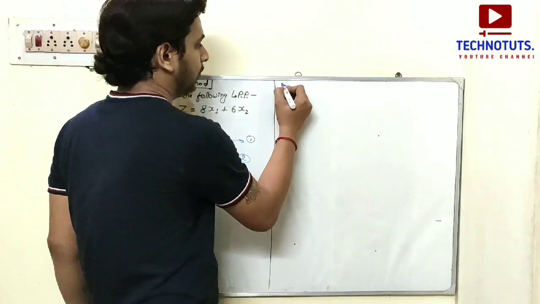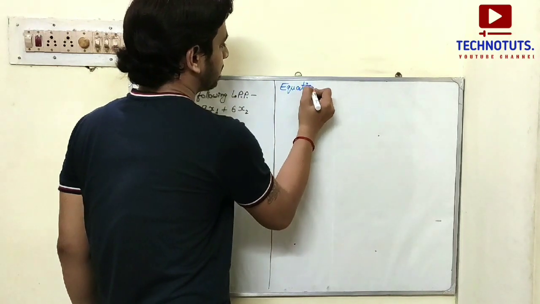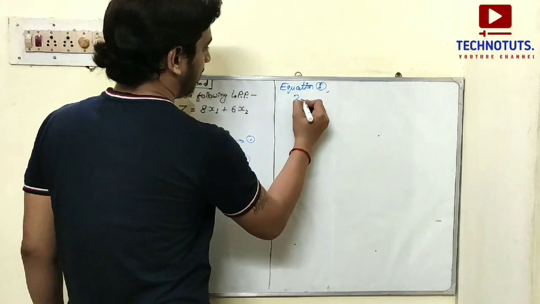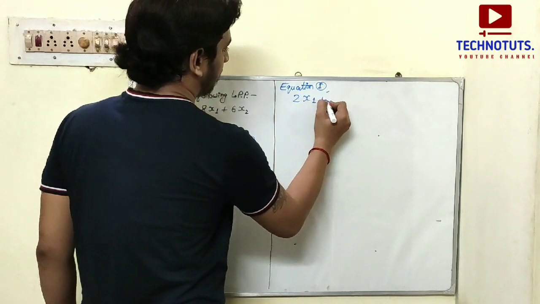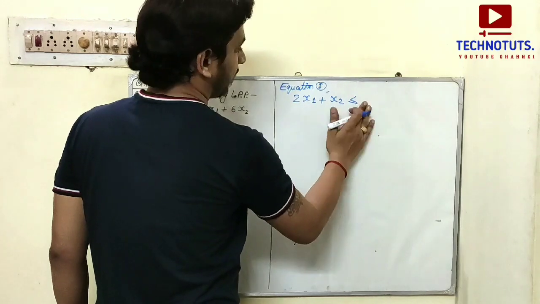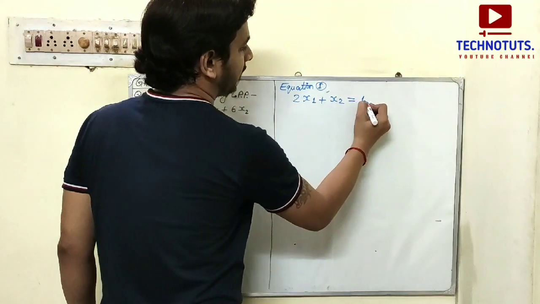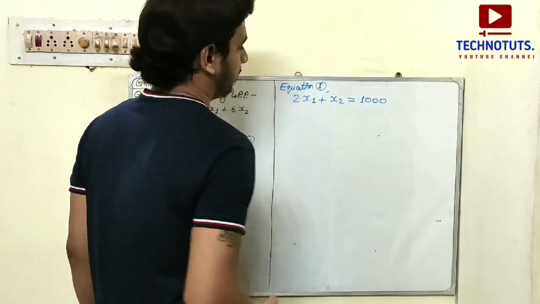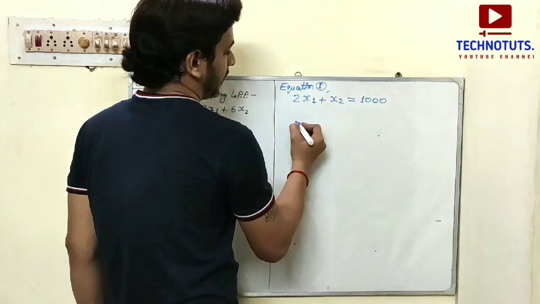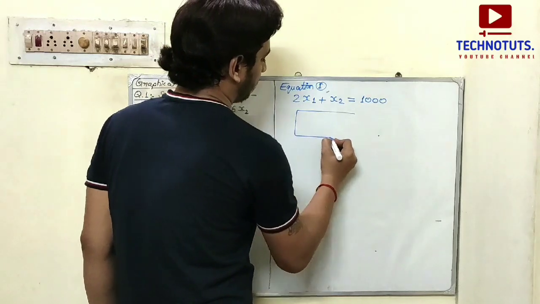So for equation number 1, 2x1 + x2 ≤ 1000, we replace the less than or equal to by equal to, so 2x1 + x2 = 1000. Let us determine the coordinates of x1 and x2.